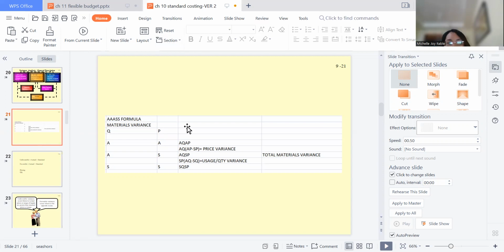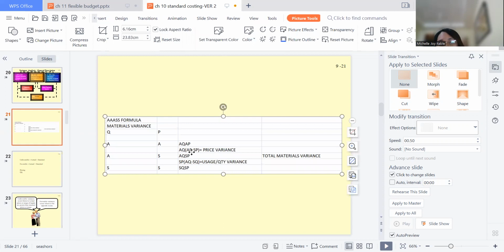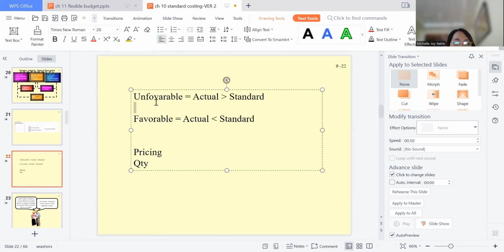Baliktad naman kung halimbawa yung actual price dito is mas mababa kasi sa standard price. Favorable naman yun kasi nag-set ka ng mataas na standard price tapos mababa pala talaga yung price, so less cost. Okay, so favorable. Ganun din pala, class, sa quantity or usage.